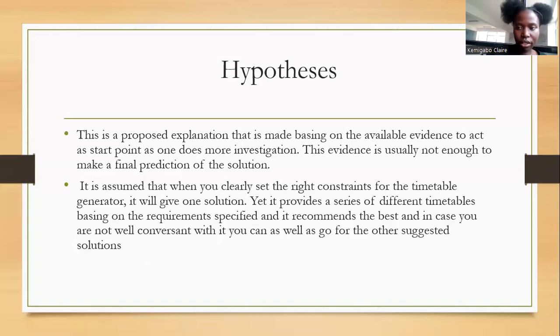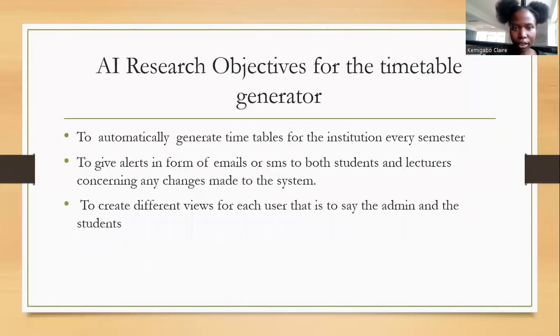But in case you're not conversant with it, you can go with other solutions because the timetable generator will give a variety, a series of solutions where you can choose to select one that you're well conversant with, or one that does best according to you.